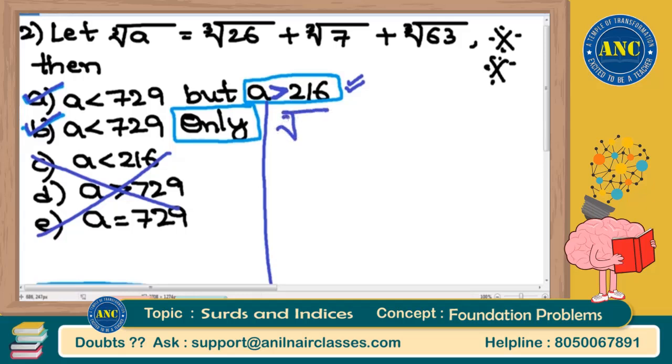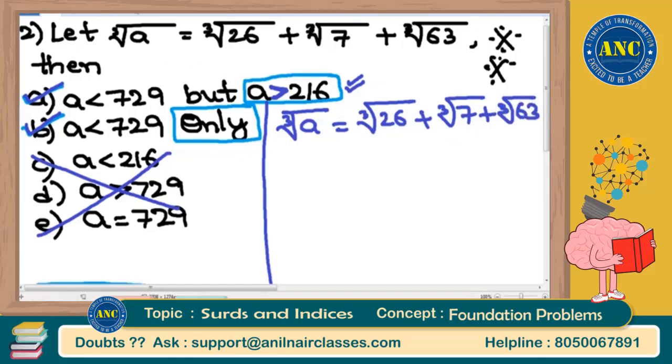Again I will implement the same condition. Cube root of A is given as cube root of 26 plus cube root of 7 plus cube root of 63, right? In the first option it is given as a greater than sign. Can I say that cube root of 26, what is the perfect cube before 26? It is 8.